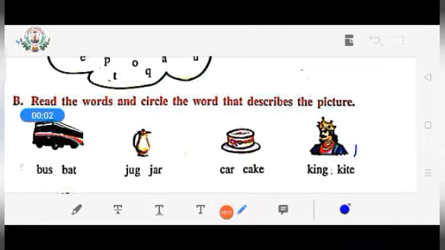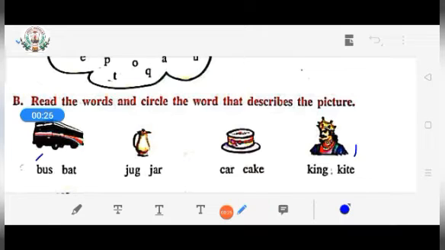Next one, read the words and circle the word that describes the picture. Children, first look at the picture carefully. Look at the first picture, children. Then, what is the first picture, children? Bus. What is the spelling of bus? B-U-S.